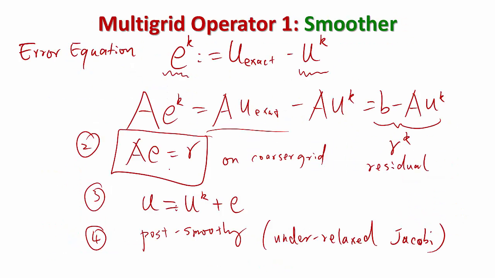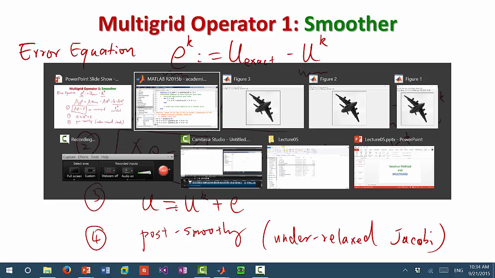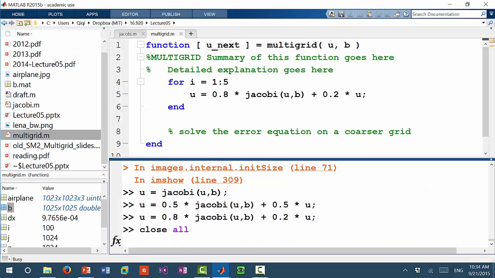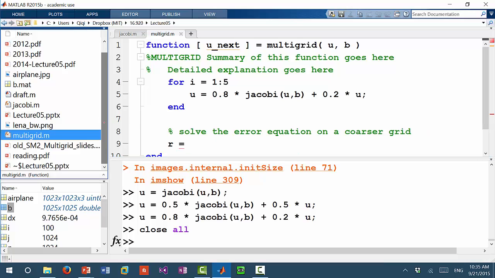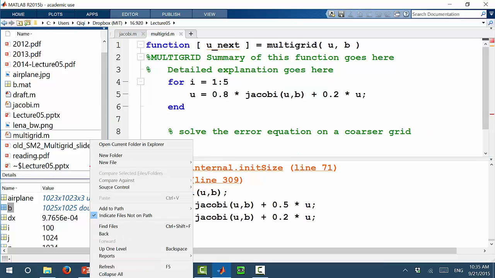Okay, so let's try to solve the error equation. So let's first compute R. Now, R is equal to the residual. So let's code up another function to compute the residual.